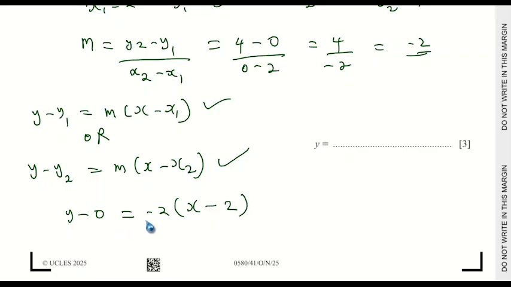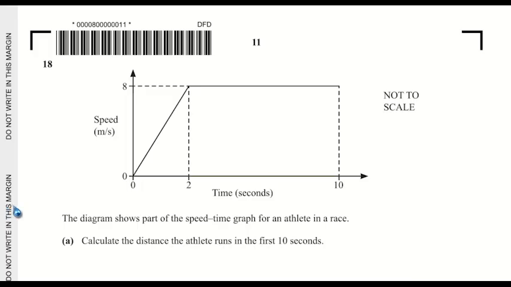So let's expand this and write it in the form y equals mx plus c. We have y equals negative 2x plus 4. So this is our final answer: y equals negative 2x plus 4. So let's go to the next question, question 18.